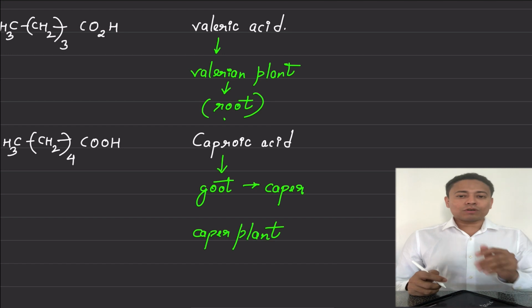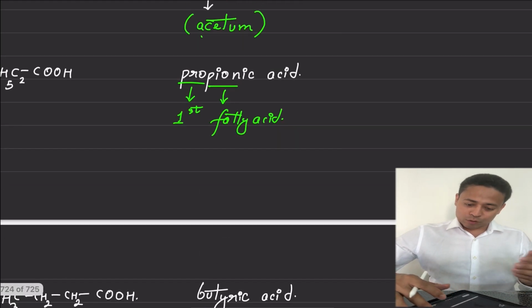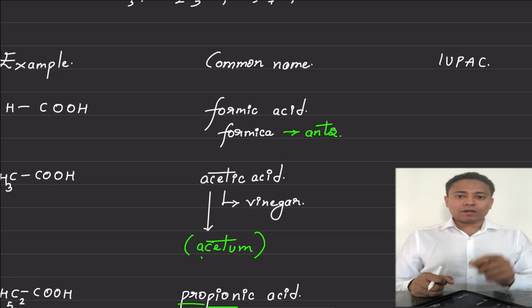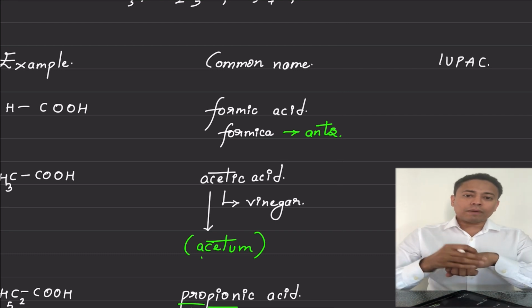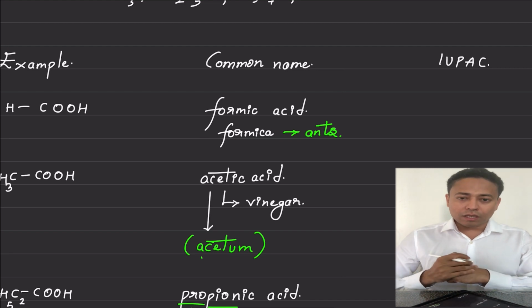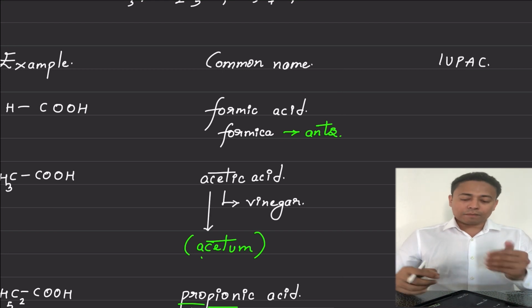Now when you refer to all the examples that we have studied as of now, formic acid is called formic acid because of ants. Ants were called formica in Latin, and when an ant bites, it releases formic acid onto our skin, which leaves behind a burning sensation. Thus we named the 1 carbon atom carboxylic acid formic acid, with ants being the source.